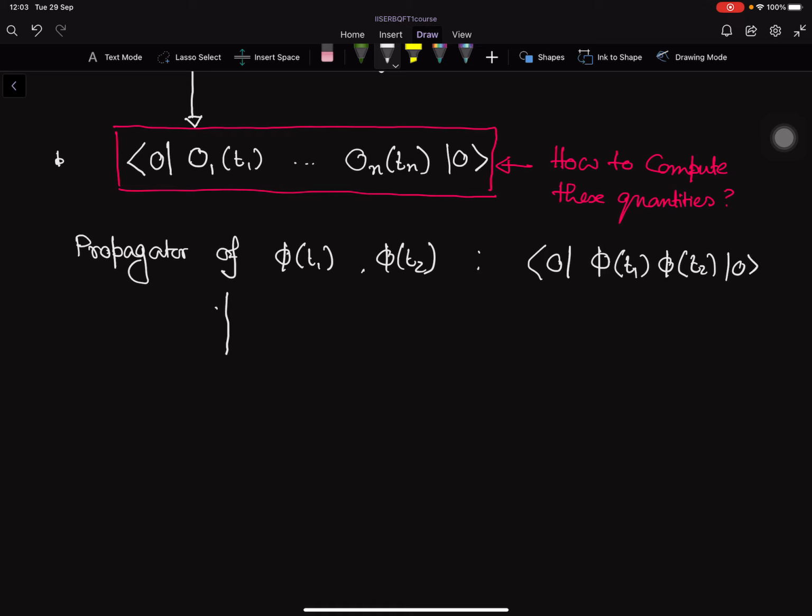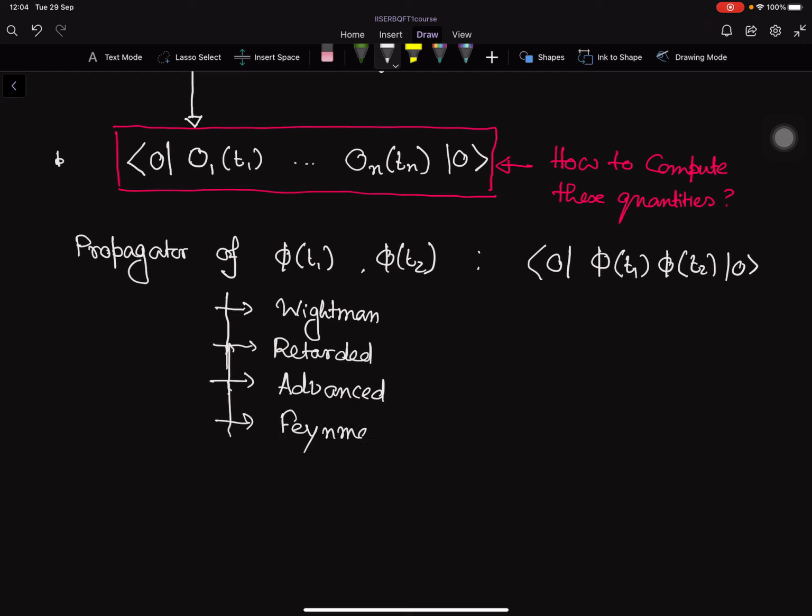And then we discussed various types of propagators, so for example, the Wightman propagator, then retarded, advanced, and Feynman propagators. But we've also found that the Wightman propagator is the most basic thing. All the others can be written in terms of Wightman propagators.